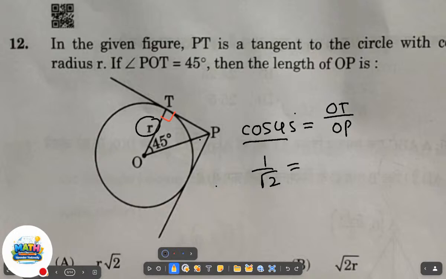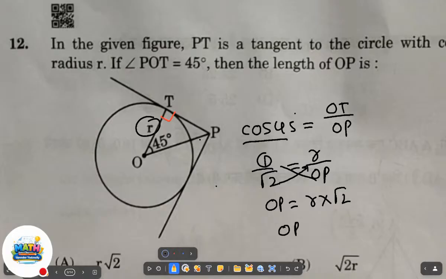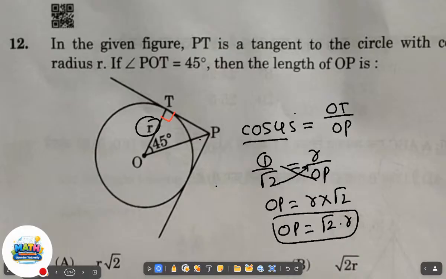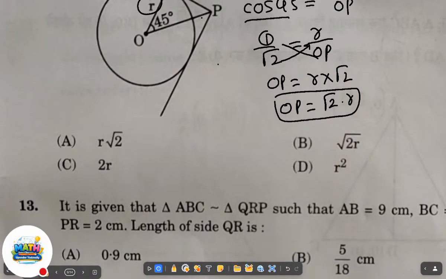OT is r, OP we don't know. So bring OP to the left side, send root 2 to the right side. So 1 into OP is OP, r into root 2. Otherwise OP is equal to root 2 r. So do we have this option here? r root 2.